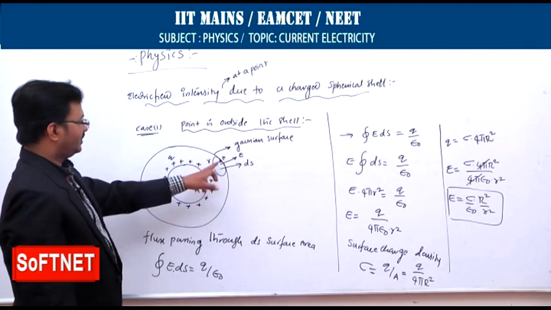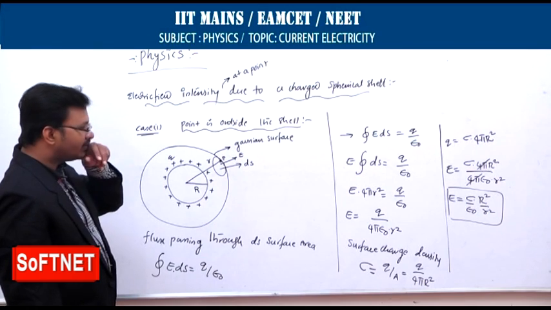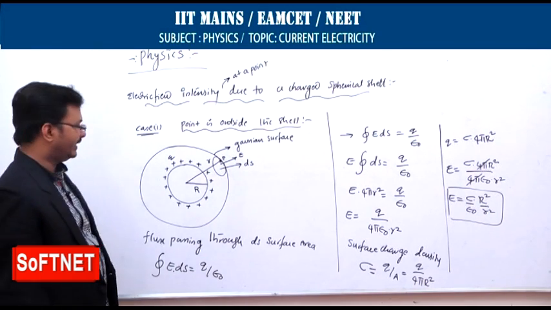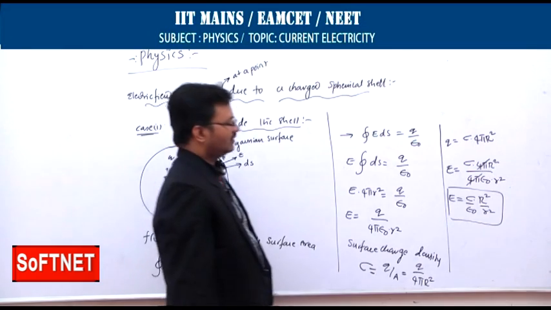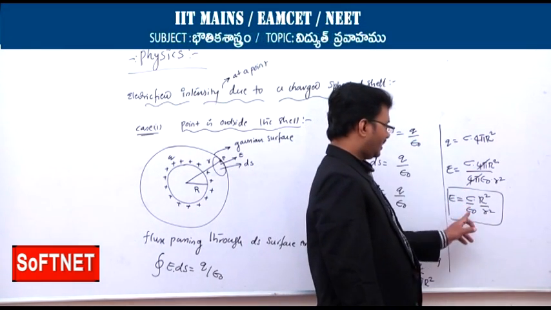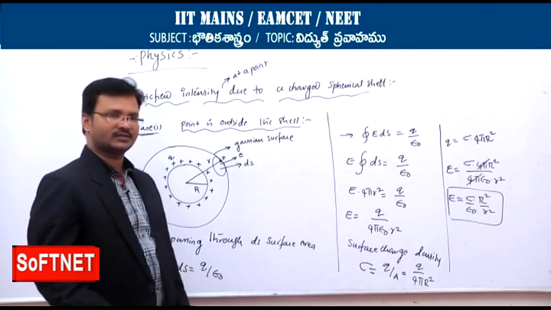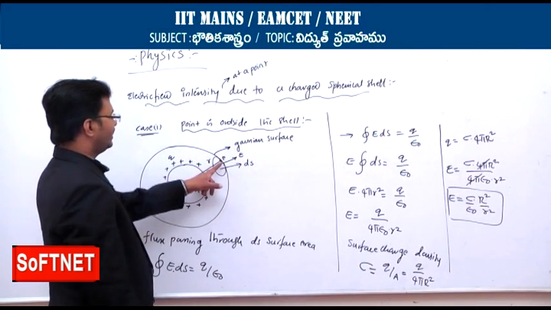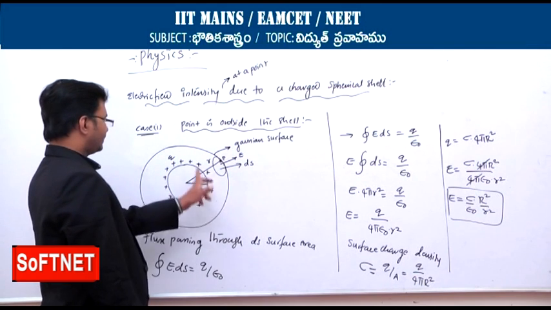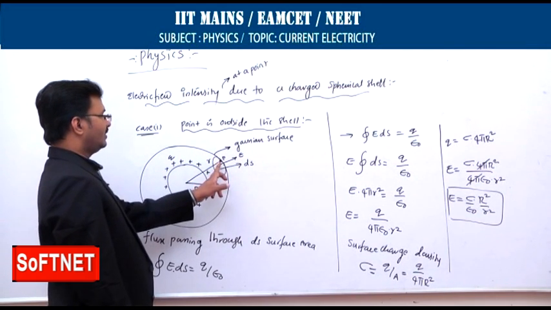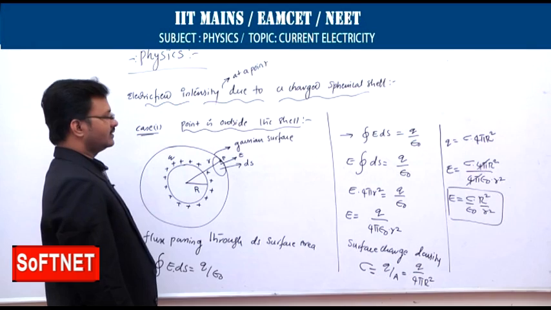At this point we need to find the electric field intensity. What we got: E is equal to sigma by epsilon naught into capital R square by small r square. This is the electric field intensity due to this charged spherical shell at a distance small r from the center.